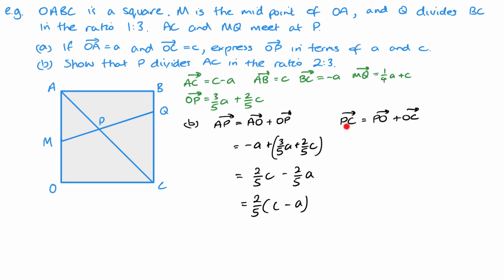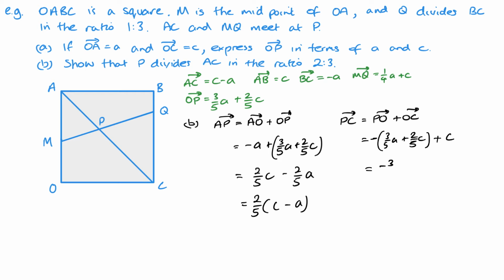For the second one, I'd expect to get 3/5 (C minus A) out. And let's check it. So P to O, and this is the opposite direction, so minus 3/5 A plus 2/5 C. And OC is C. So we've got 1C.